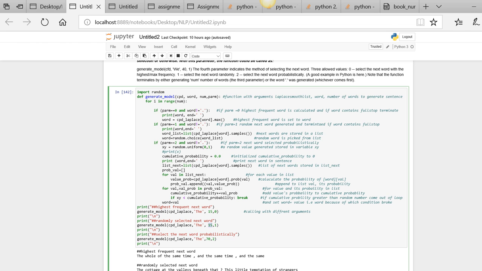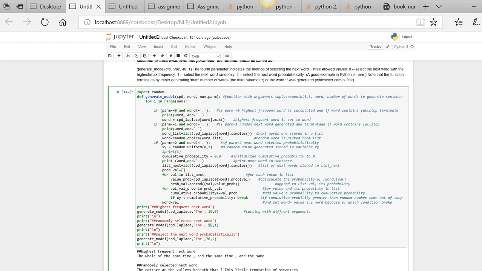generate a sentence. To select the next word probabilistically, here also I generate a random number called xy. I assigned the cumulative probability to 0. I took the list of all the next words. To this list, I appended the corresponding probability value for each word.